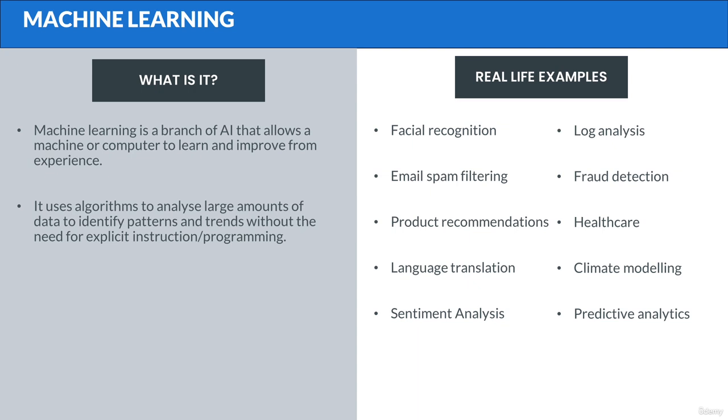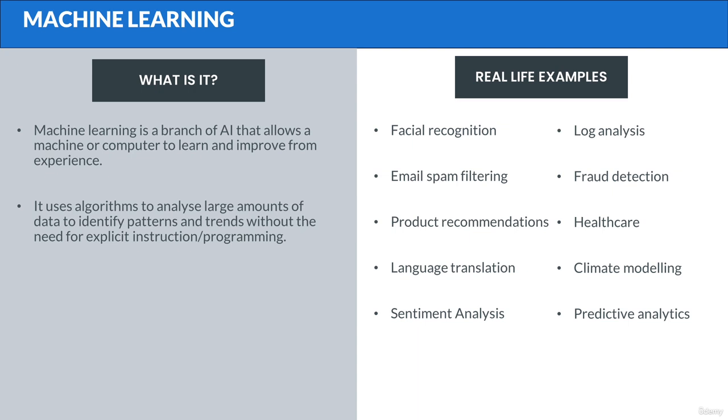There's lots of current real-life examples and uses of machine learning, but of these, the most relatable and commonly used applications are given here. So things such as facial recognition, email spam detection and filtering, product recommendations such as what you'd get from Amazon, or TV shows or movie recommendations from Netflix, for instance, all use machine learning.